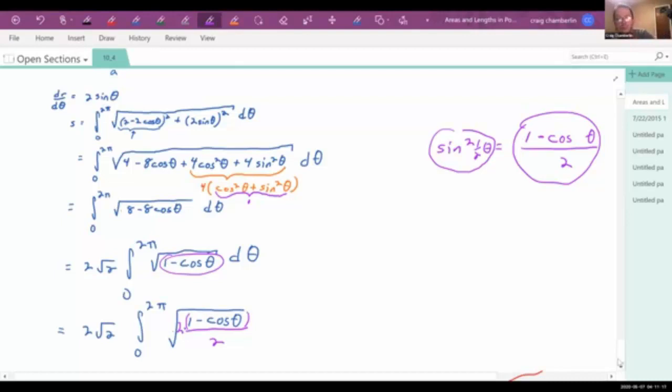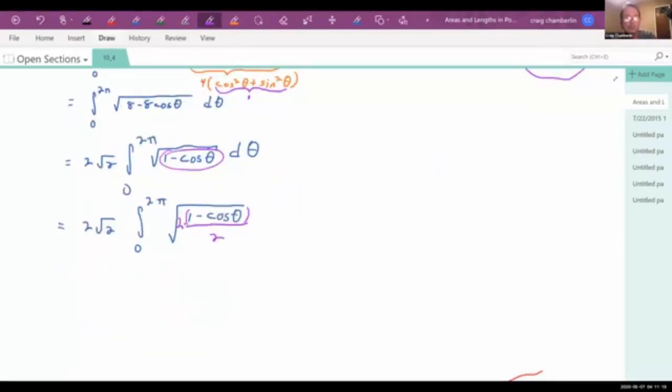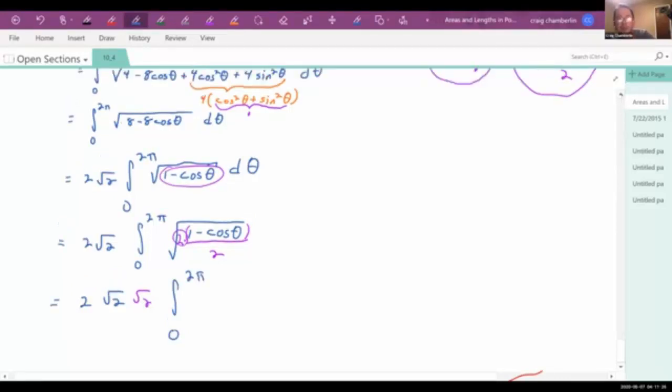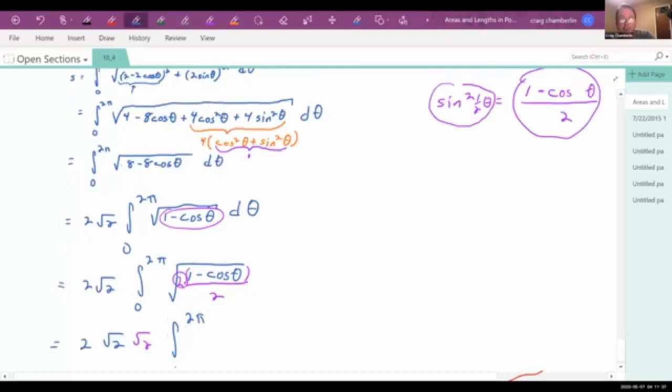And then I'll put the radical 2 that I'm factoring out right there. That's going to be 2 times 2, or 4, out front in the next step. And then I can replace what's left underneath the radical with sine squared theta over 2, d theta.